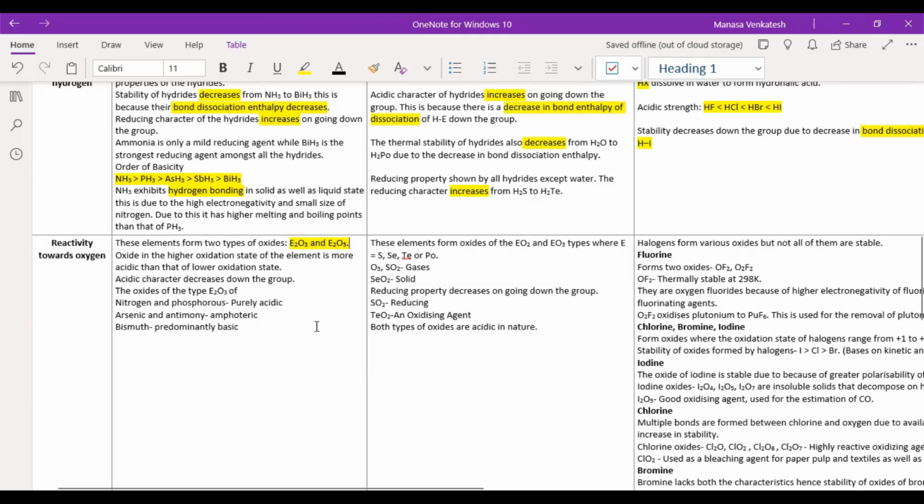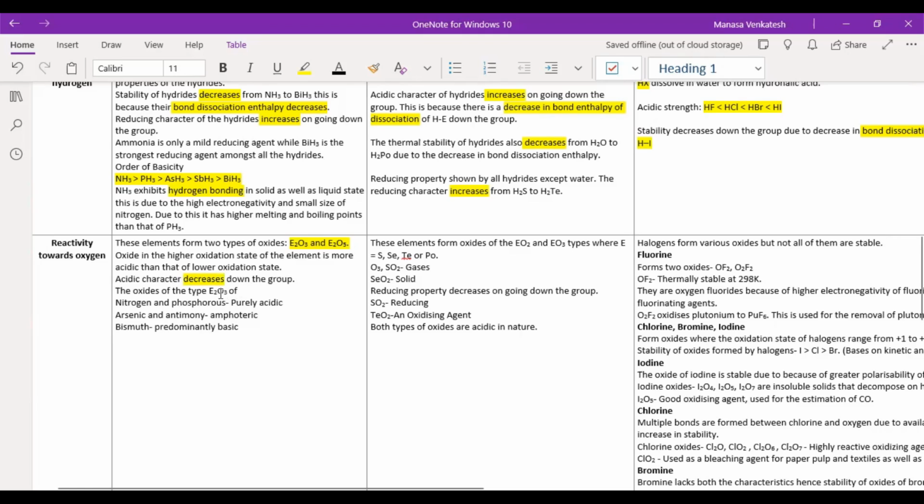And as we go down the group, the acidic character decreases. Basically, when this oxide is dissolved in water, it leads to the formation of acid or base. And based on that, we decide about its acidic character or basic character. So acidic character of the oxides decreases as we go down the group.